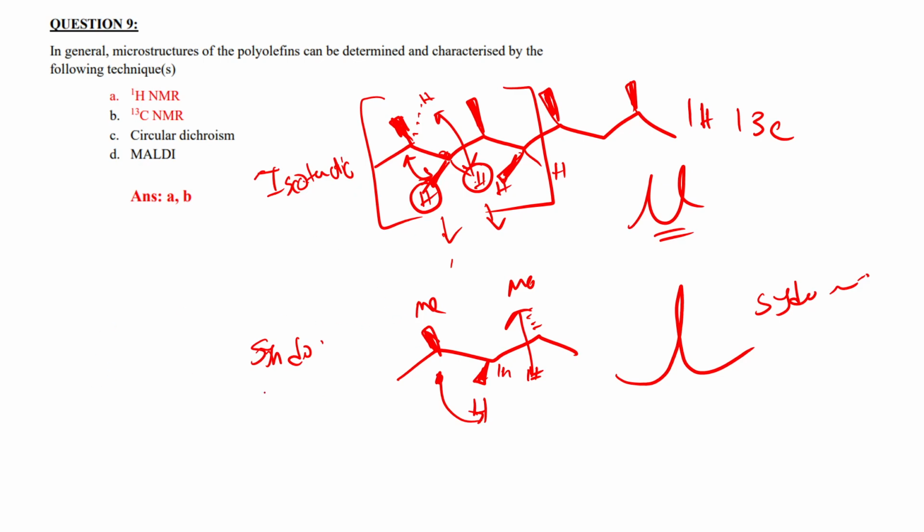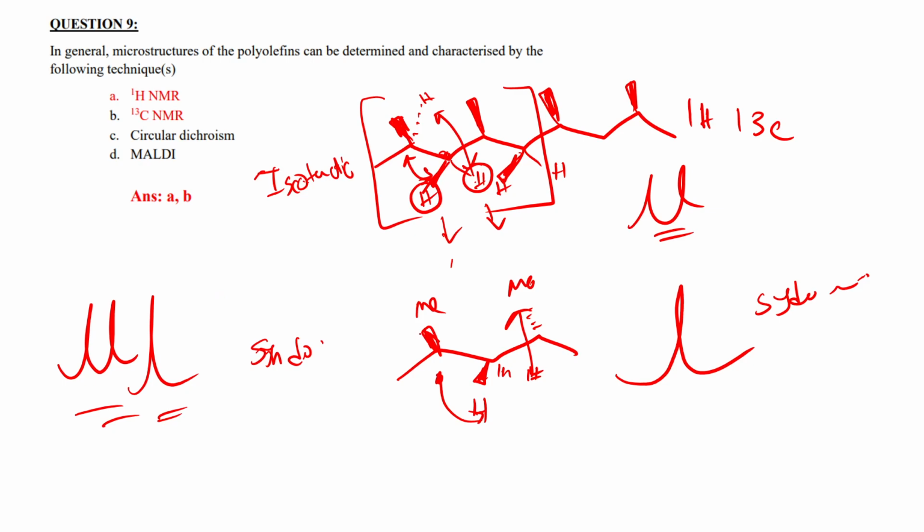Now, if in your proton NMR you have both the doublet and the singlet, then we can say the ordered arrangement is not present.